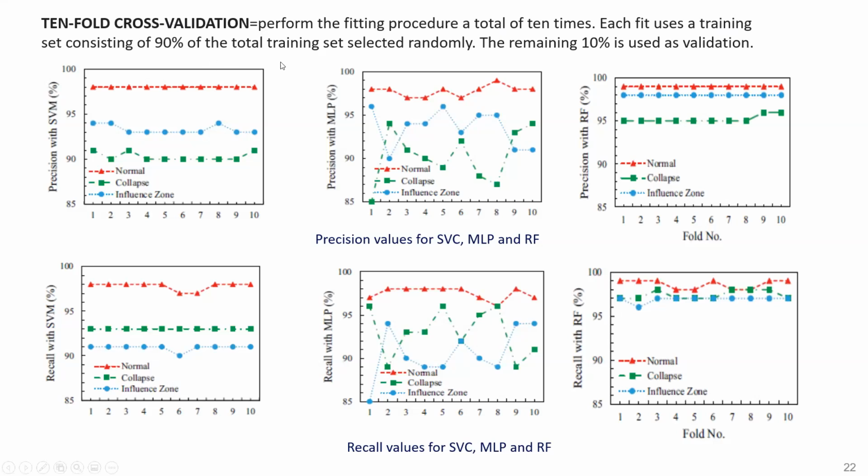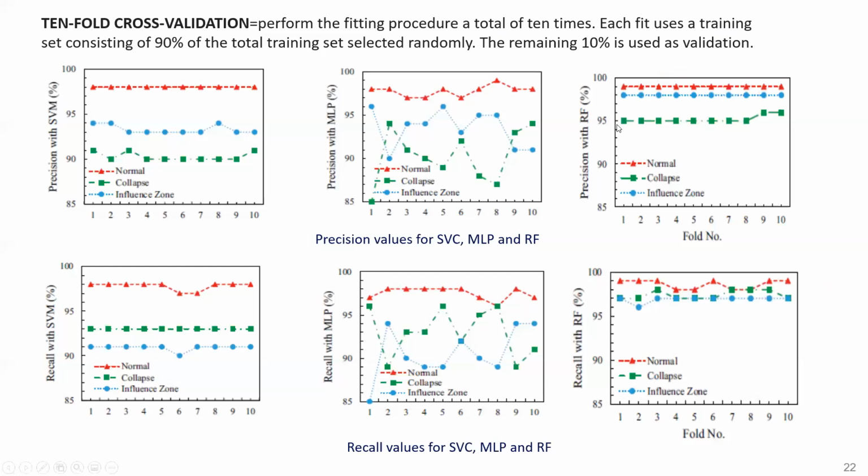And we do simulations using 9 of the bins as training, and 1 of the bins, or 10%, as the test or validation. And we vary those, we do that 10 times. And then we look at the performance of each of the algorithms in terms of precision and recall. As you can see, the best performance is given by RF.